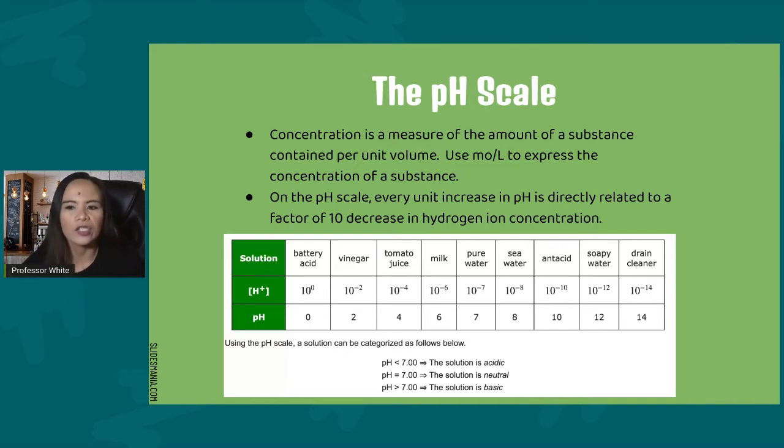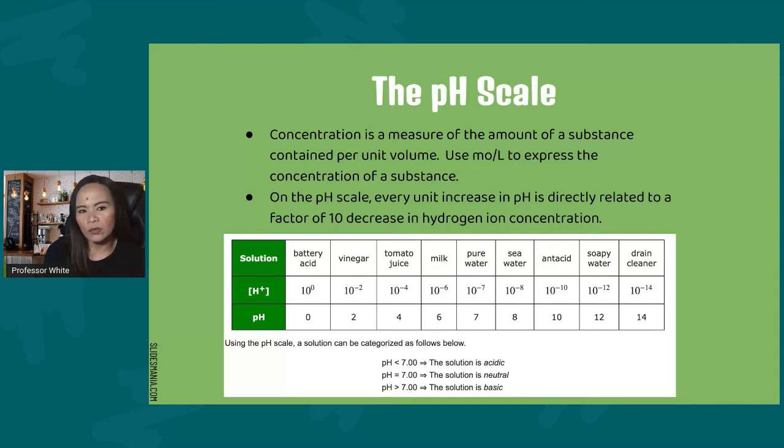On the pH scale, every unit increase in pH is directly related to a factor of 10 decrease in the hydrogen concentration from left to right. The approximate hydrogen ion concentration and pH for various solutions is shown here. Let's take a look from the left side. Battery acid has 10 to the 0 hydrogen ion concentration, and therefore a pH of 0.